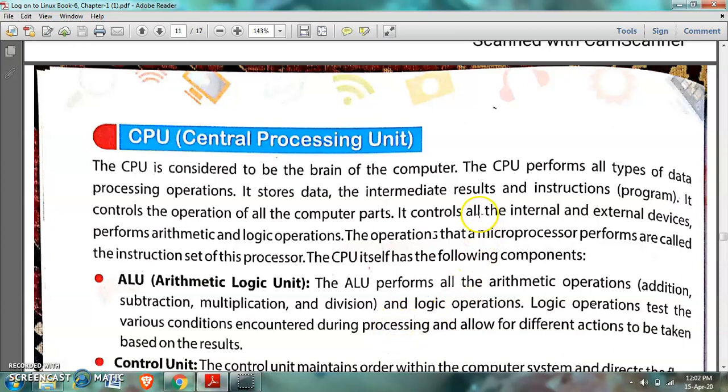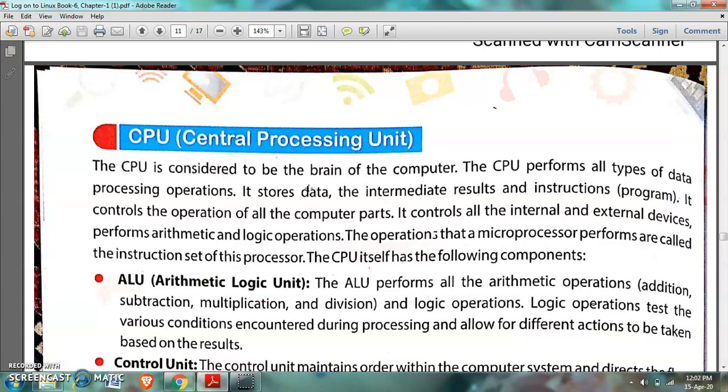It controls all the internal and external devices, performs arithmetic and logical operations also, and the operations that a microprocessor performs are called the instruction set of the processor. Children, I told you about the role which is played by the CPU.